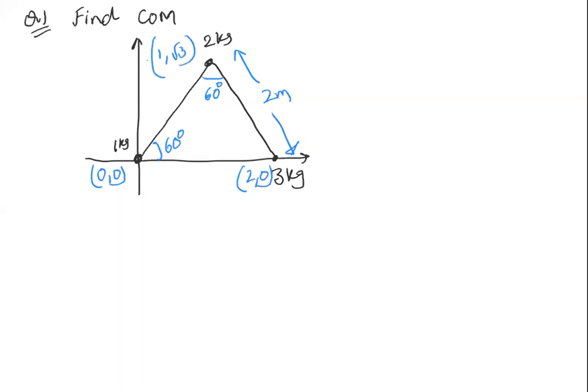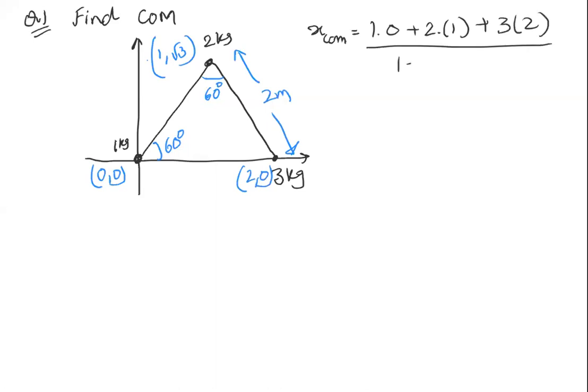So the x coordinate of center of mass will be 1/√3 आ रहा है. अच्छा, √3 से divided. Okay. It will be 1 into 0 plus 2 into 1 plus 3 into 2 whole divided by 1 plus 2 plus 3.